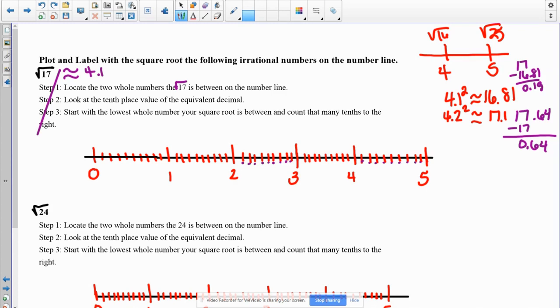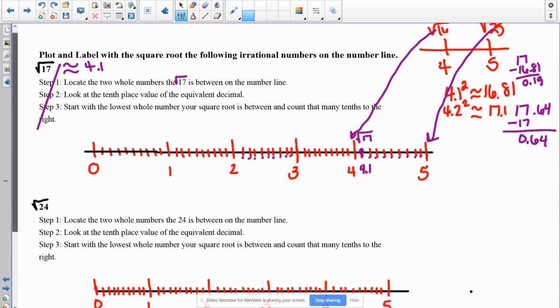On this one, we're looking for 4.1. We look at the 4, go 1/10, so 4.1. We label that with 4.1 and also with the square root. That looks really good because the square root of 16 is 4 and the square root of 25 is 5.